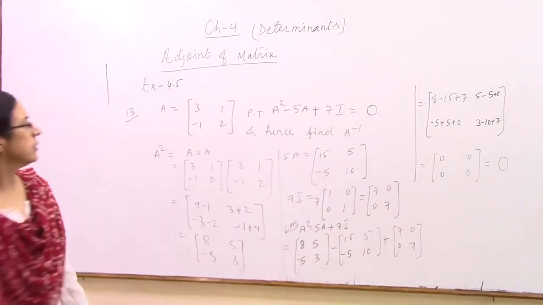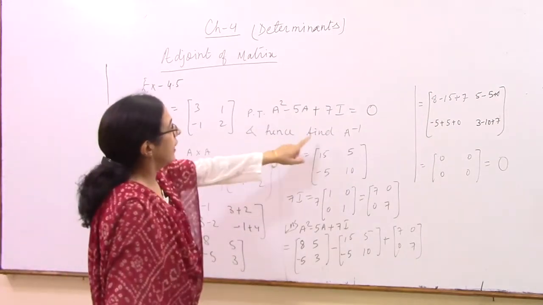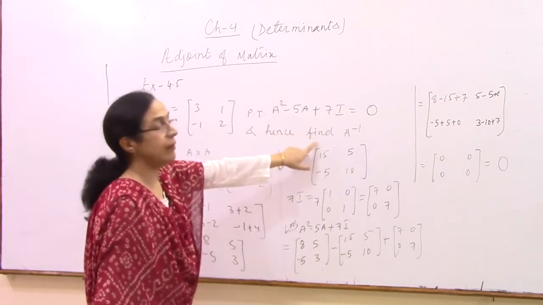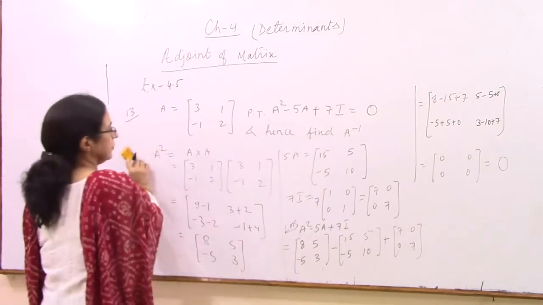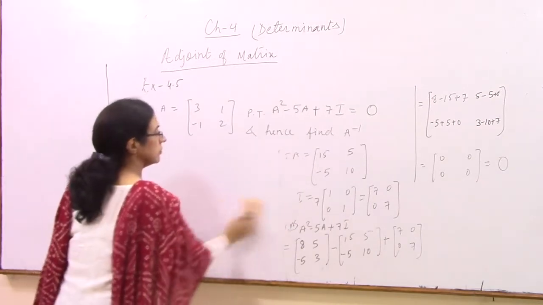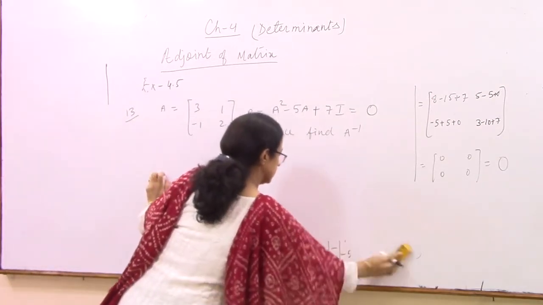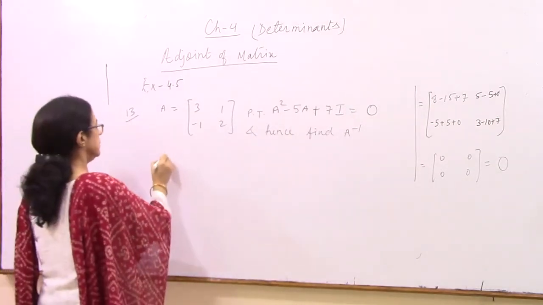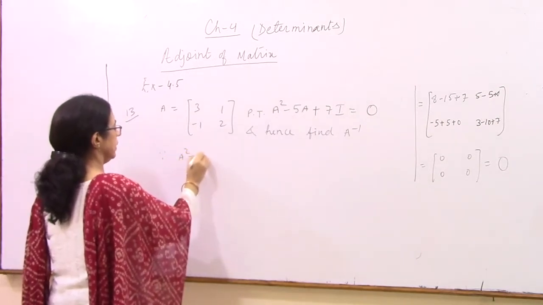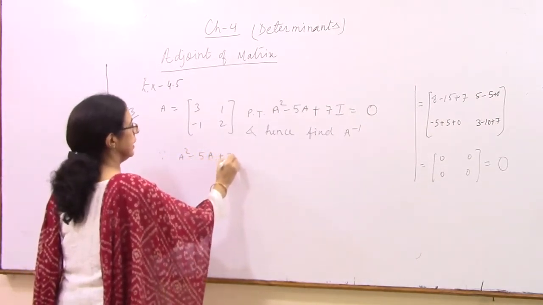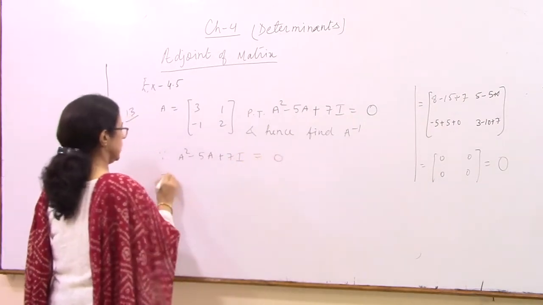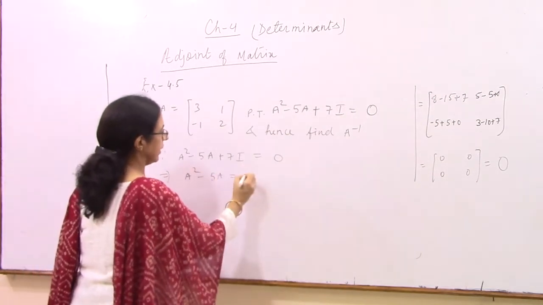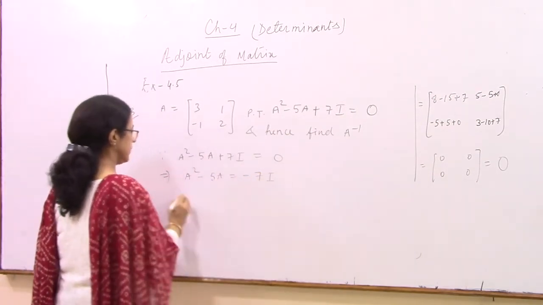Now, in the question it is given: hence find A inverse. Hence find A inverse means using this equation, find A inverse. Since A square minus 5A plus 7I equal to O, that is null matrix, A square minus 5A, shifting 7I to the right side, then we have minus 7I.